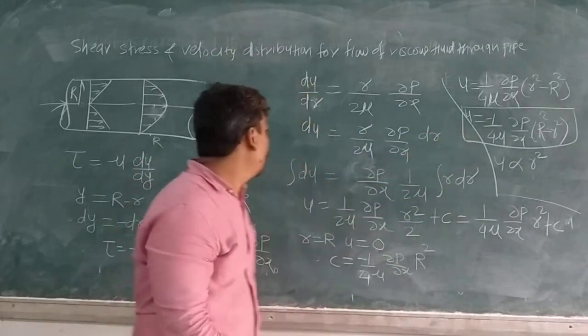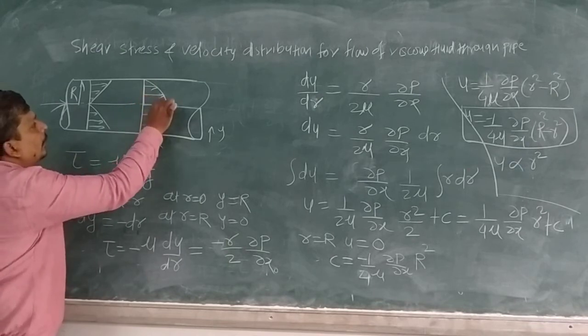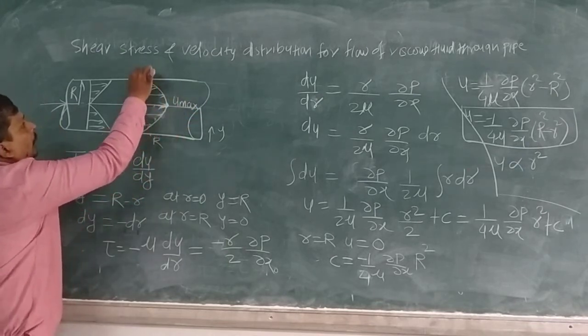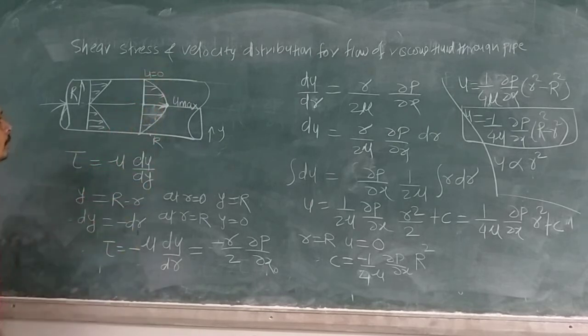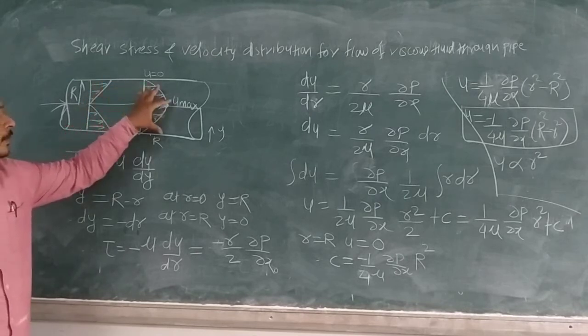Velocity is minimum. So the velocity distribution is like this: at the center, maximum velocity u max is there, and at the wall the velocity is 0. So this is the shear stress distribution and velocity distribution for flow through a pipe.